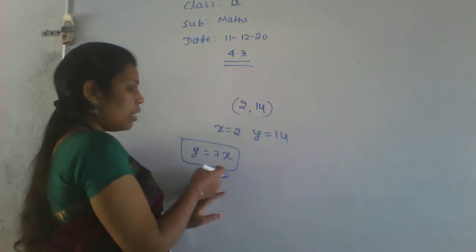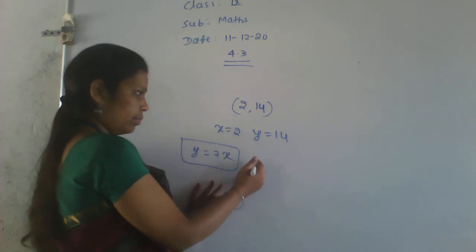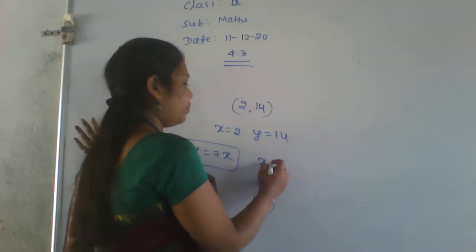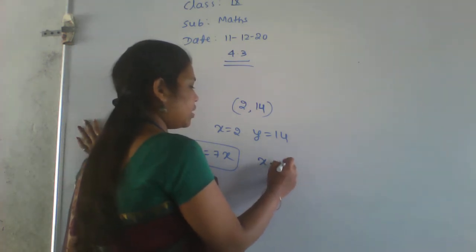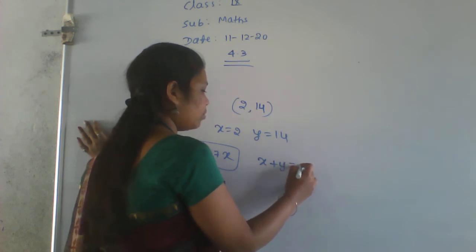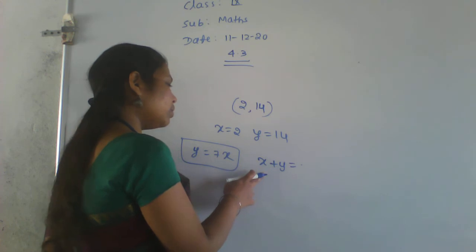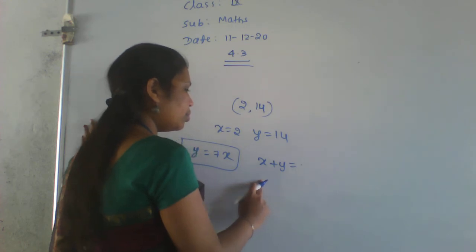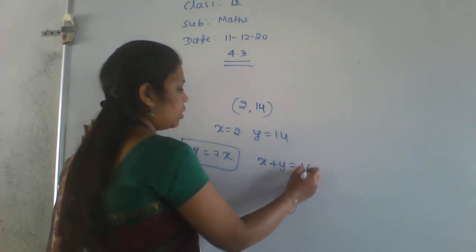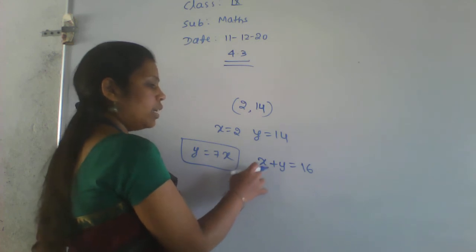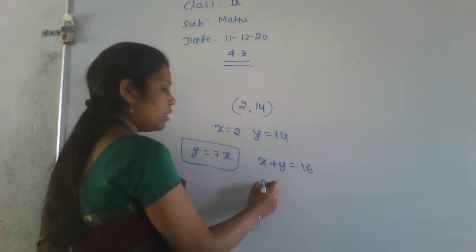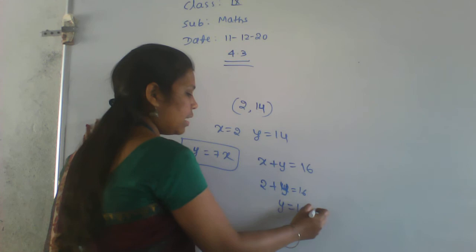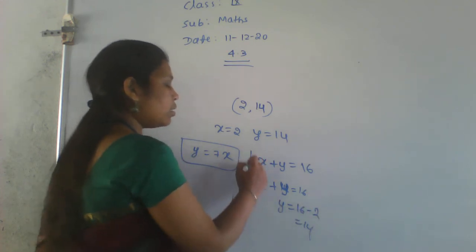This is one of them, and another equation you have to write here. x plus y is equal to 16. If x is 2, take y to this side. If x is 2, then y is 14, here 16. Sorry, y is equal to 16 minus 2. Then we will get 14. So this is also one of the equations.